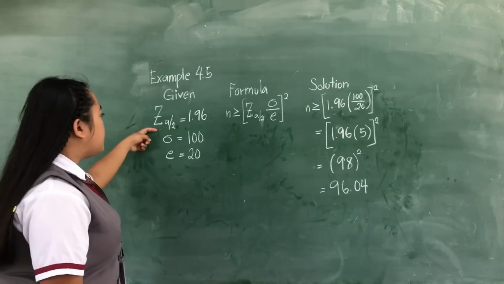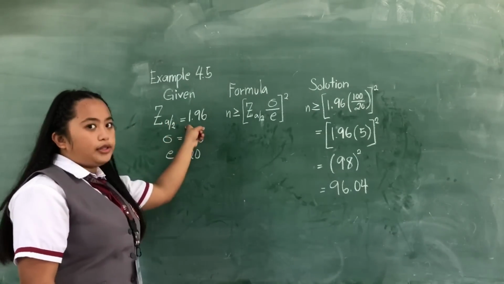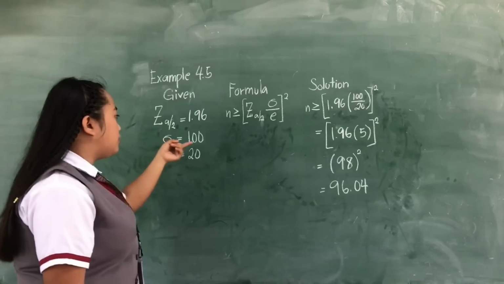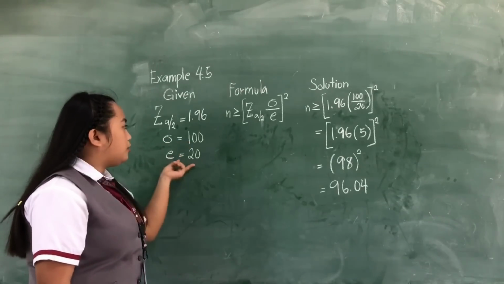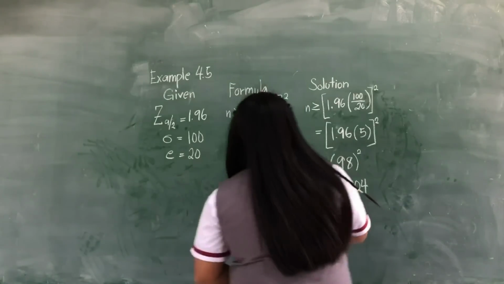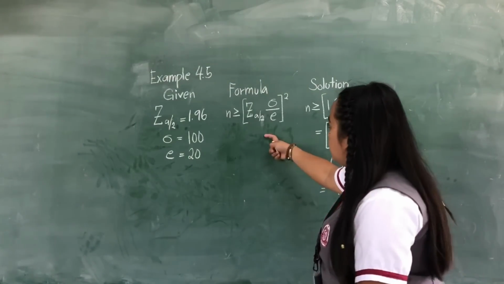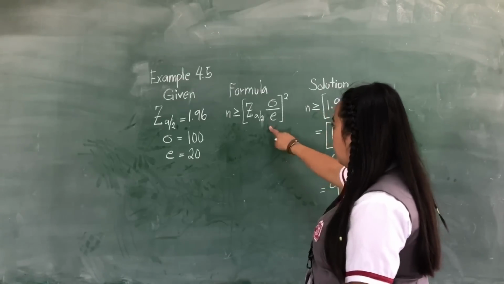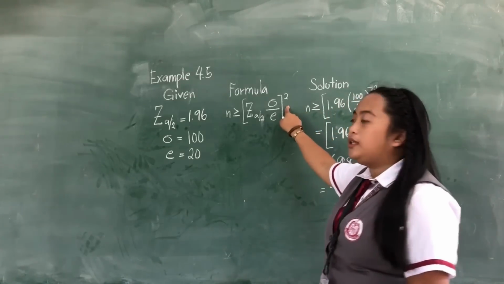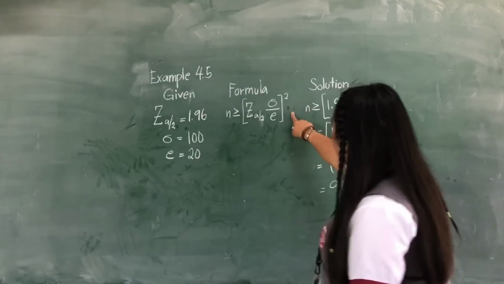Our given is z sub α over 2 equals 1.96, sigma equals 100, and error equals 20. This is our formula: n is greater than or equal to z sub α over 2 multiplied by sigma over error, squared.